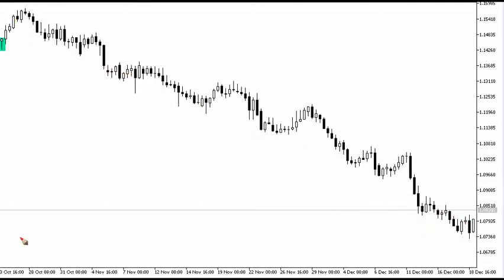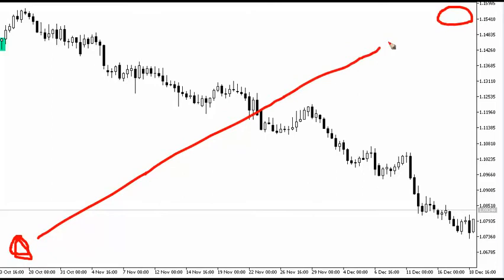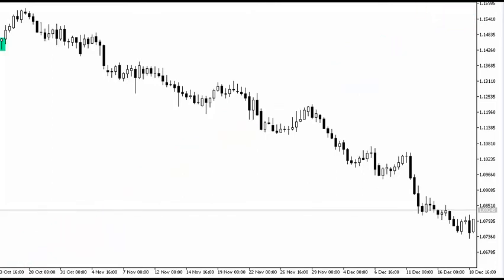Just to quickly show you what an uptrend would look like on here. If price started in this bottom left hand corner and ended up in the top right, price is moving up, so we're in an uptrend. As you can see, they're really easy to spot.